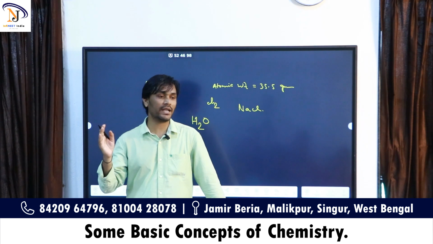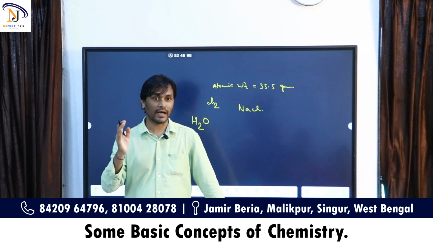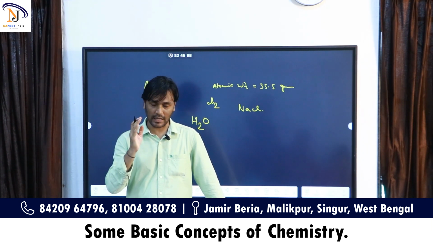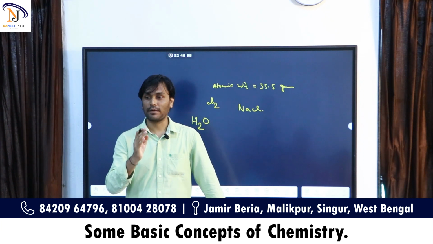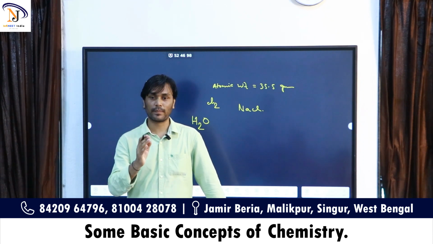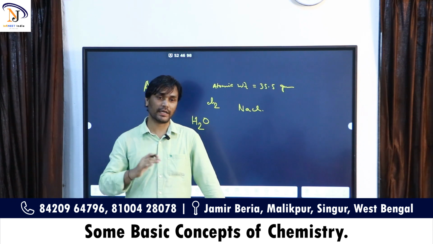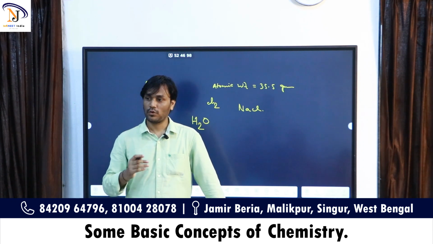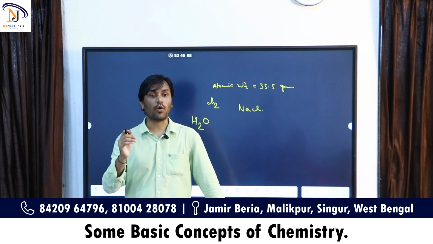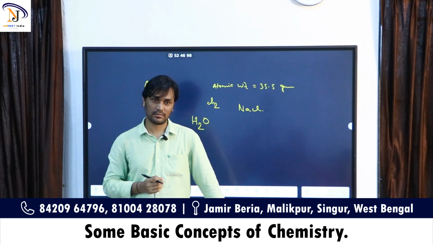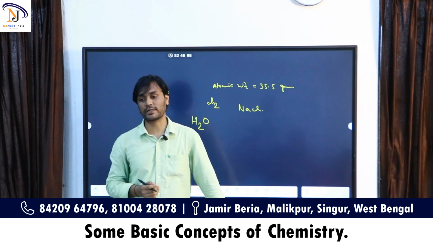What is the number of valence shell electrons, and the number of electrons the atom can release or can take in until it reaches the octet number.